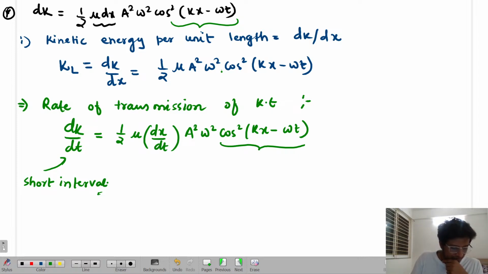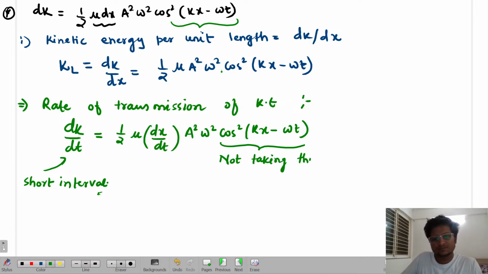Do my points make sense? Chandra, is this clear? See, the point is logical. I'm not taking this because this is defined for large intervals.